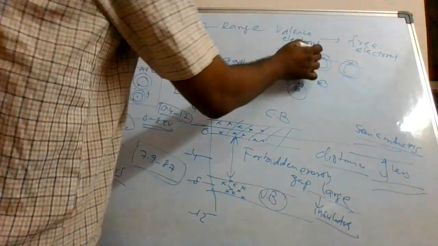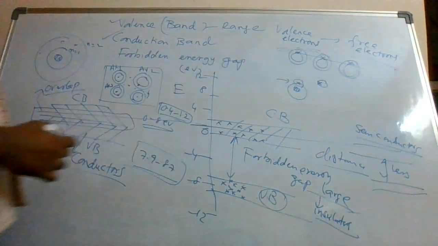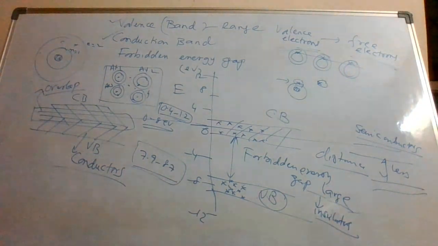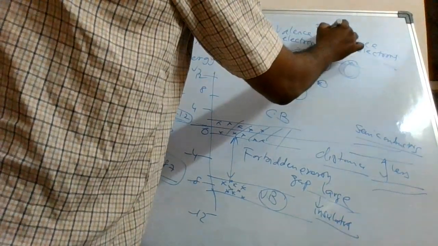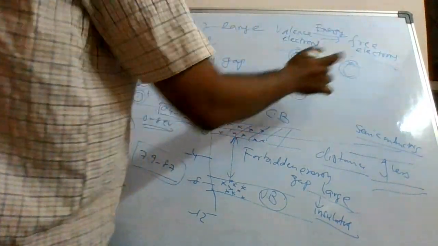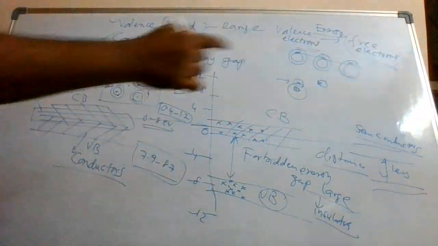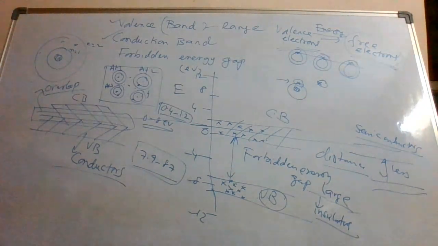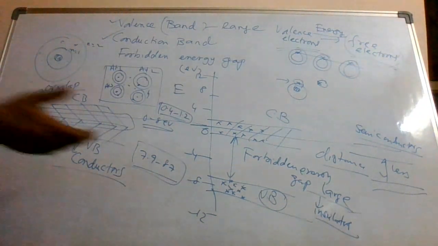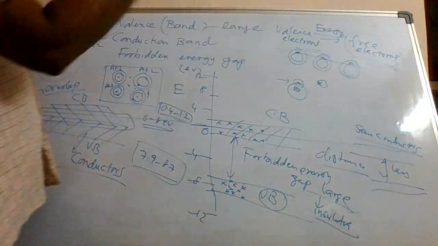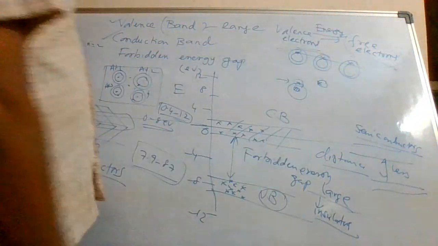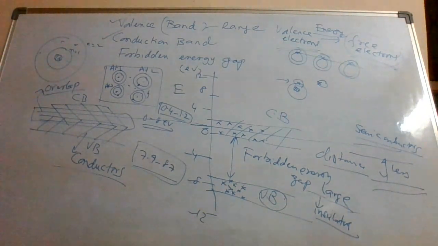Sometimes they behave like valence electrons and sometimes like free electrons. That is the property of conductors. But in the case of semiconductors, you have to give some energy. Then they start getting free electrons and they conduct electricity. And in the case of insulators, no matter how large an amount of energy you give, you don't get free electrons, or very few electrons, which is of no use.